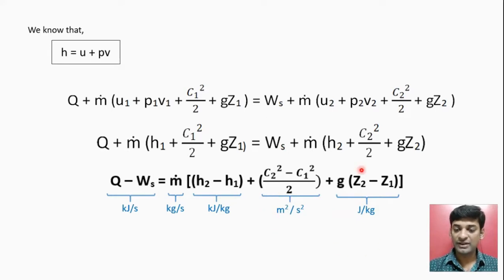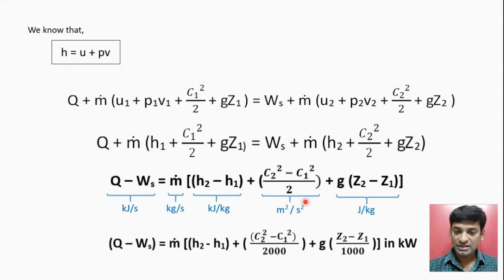You have to divide these two terms by 1000. Here 2000 is there, here 1000 is there. So the unit becomes kilometer square per second square, and here kilojoule per kilogram. Now the unit can be fully balanced. In the next slide, I am going to teach you how to balance this equation.